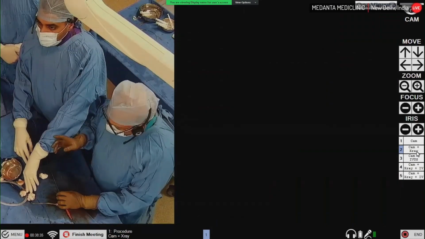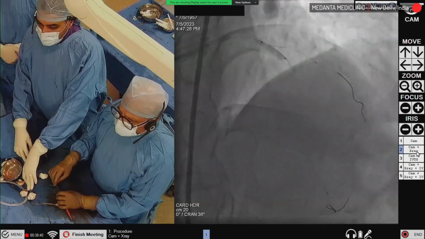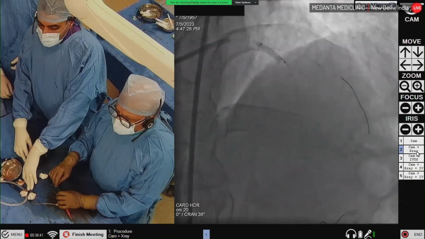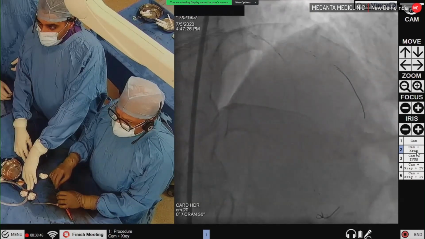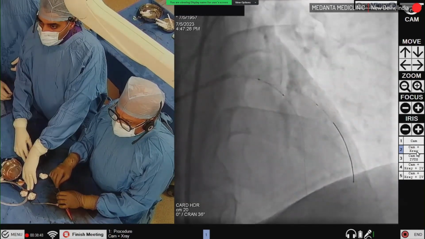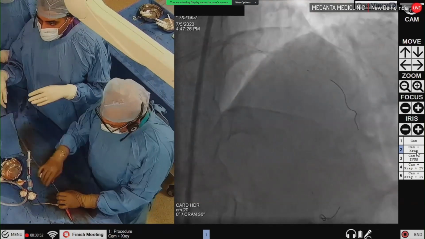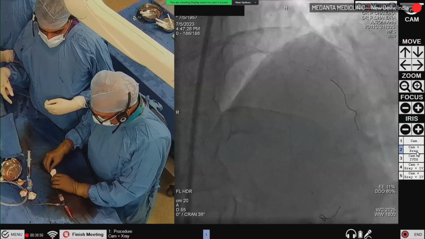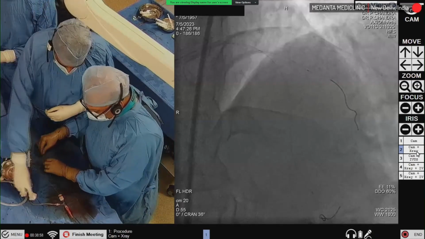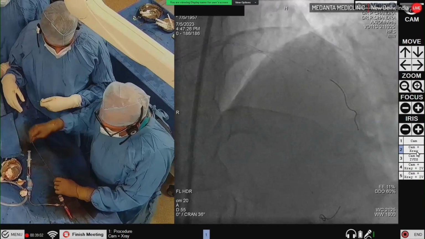So we have gone up to 16 atmospheres and now we will bring it back. Deflate, please, and see how it looks. Let it deflate. So I've done a second round of inflation and we'll see how it looks.